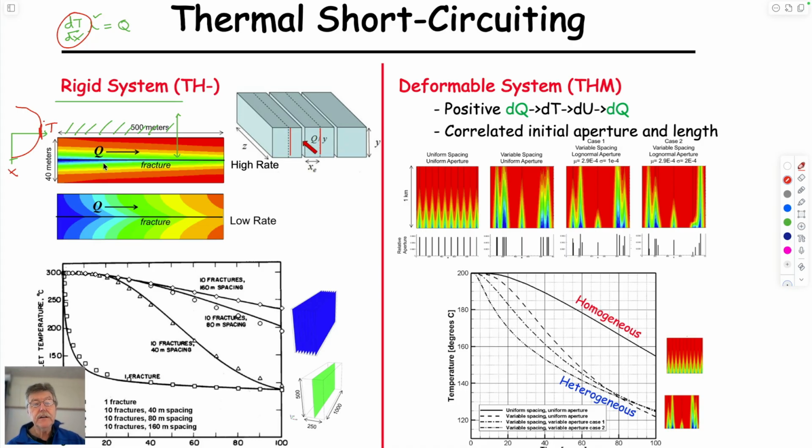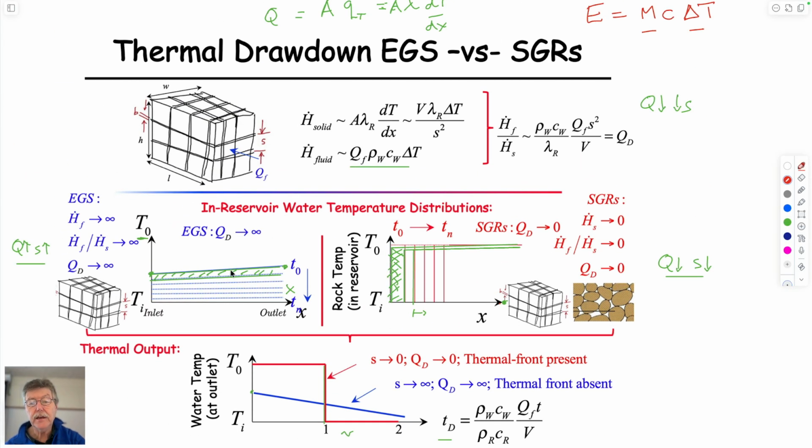If you have water going down the fracture very quickly, then it will be at uniform temperature all the way. There's a high thermal gradient between the rock and the fracture all the way along, and so the flow of heat into that fracture will be equal all the way along, and that behavior will be like this.